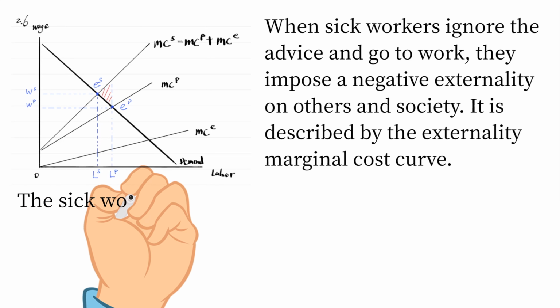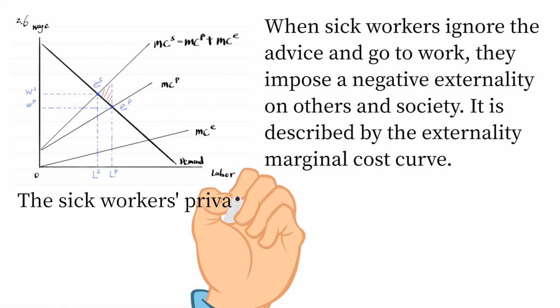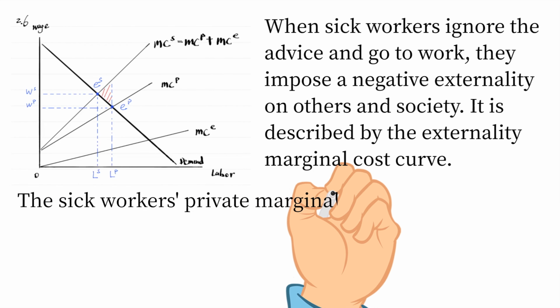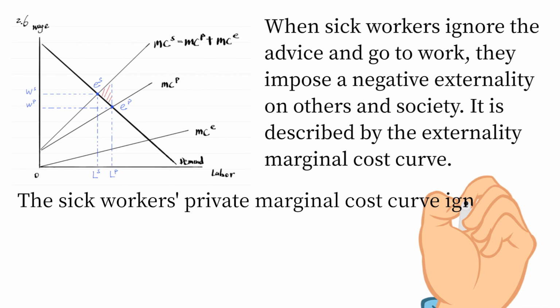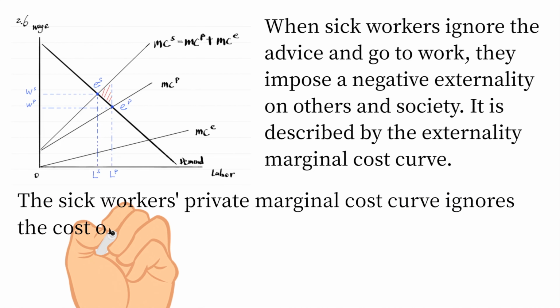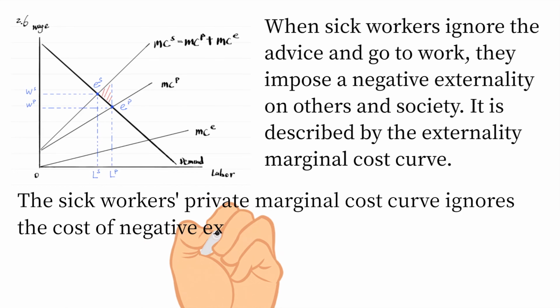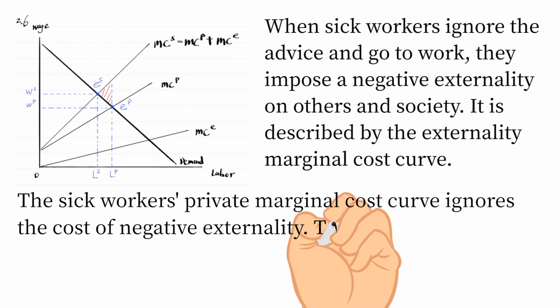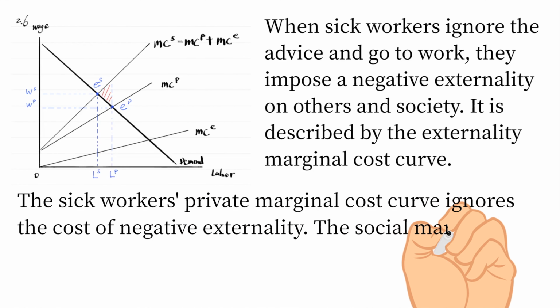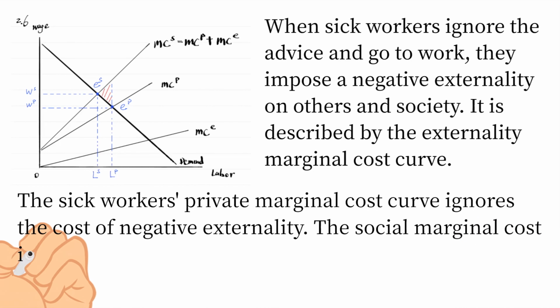The sick worker's private marginal cost curve is MCP, which ignores the cost of negative externality. The social marginal cost is the sum of the private marginal cost and the externality marginal cost.